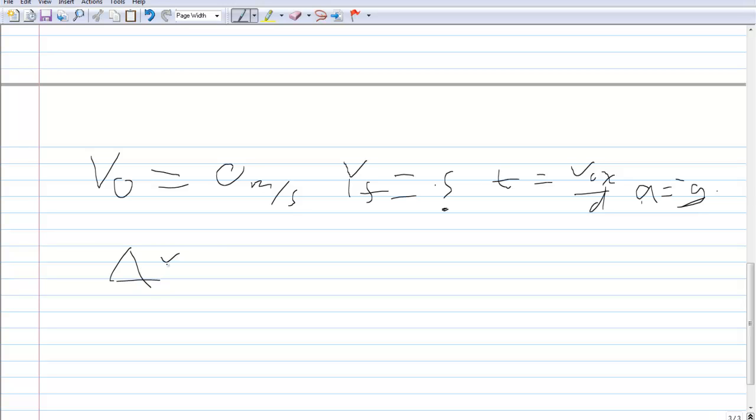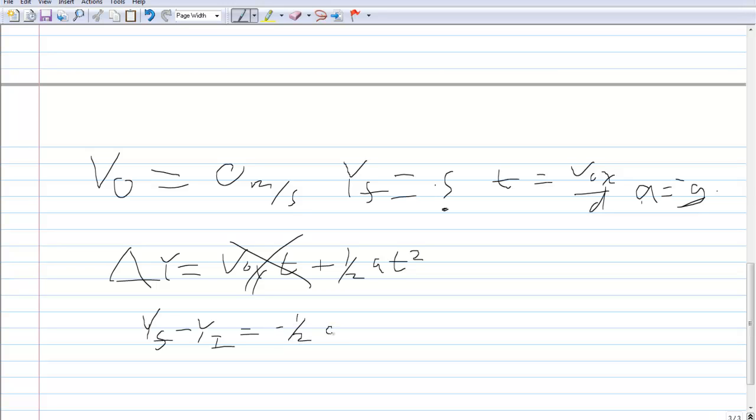So delta y is going to be equal to v0 y times t plus 1/2 a t squared. So this time the initial velocity is 0, so we can just take this term out. So we have y final minus y initial is equal to negative 1/2 g t squared.